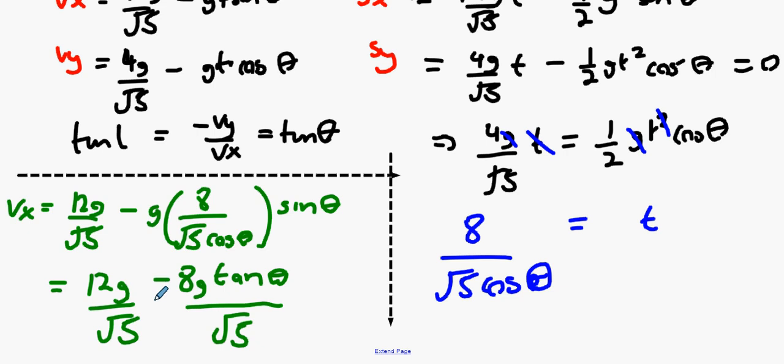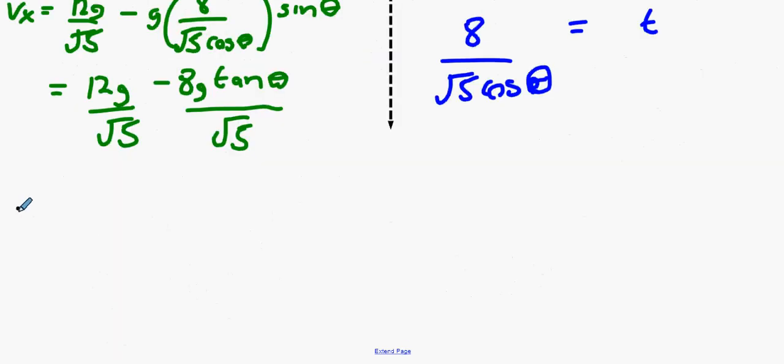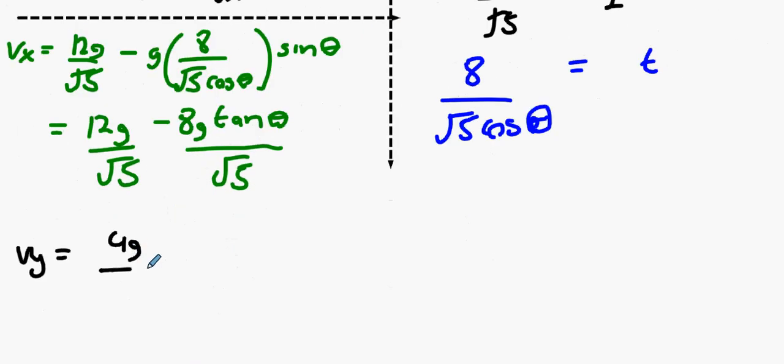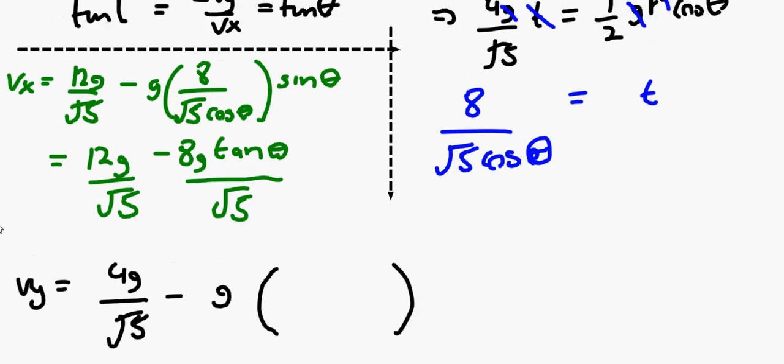Now, next thing I'm going to do after that is Vy. So Vy ends up to be 4g over root 5 minus g t cos theta.